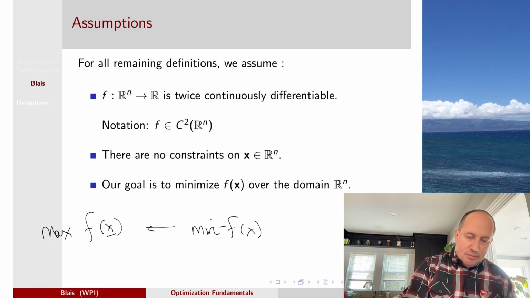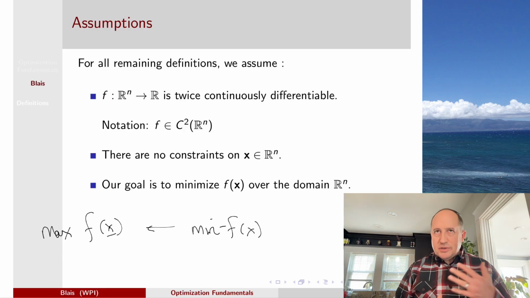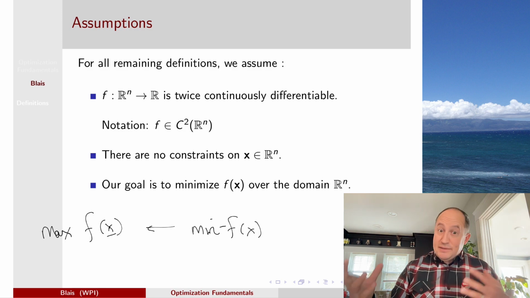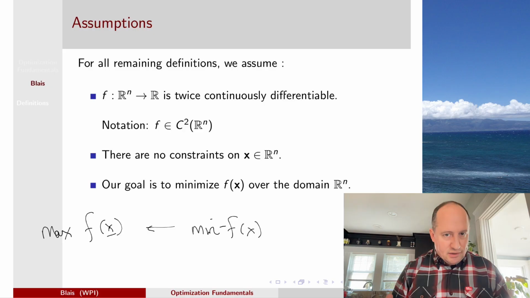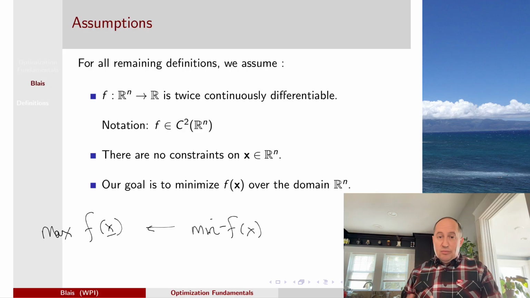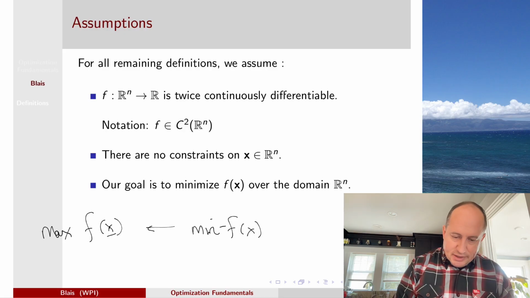In nonlinear optimization, we tend to focus on minimization problems because when you get into the second order conditions, you're dealing with this positive definiteness idea of the second derivative information, which is a little bit nicer than what you deal with if you maximize your objective. So we tend to focus on minimization.